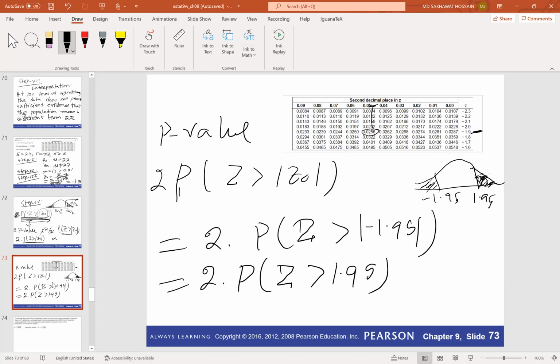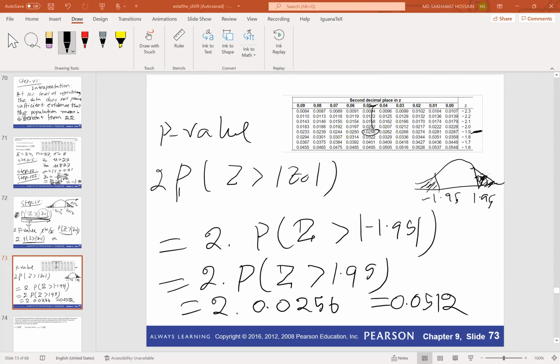That's why if you just look at the negative number, that would be fine. This is 0.0256. So it will be 2 times 0.0256, which is 0.0512. So this is the p-value.